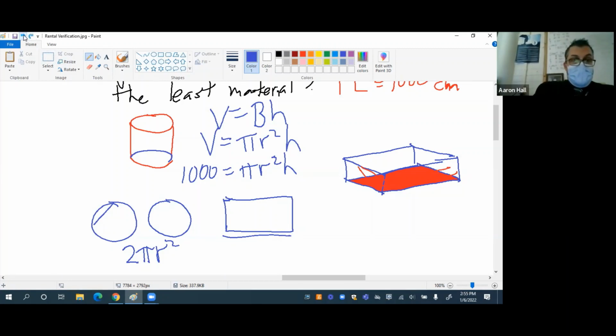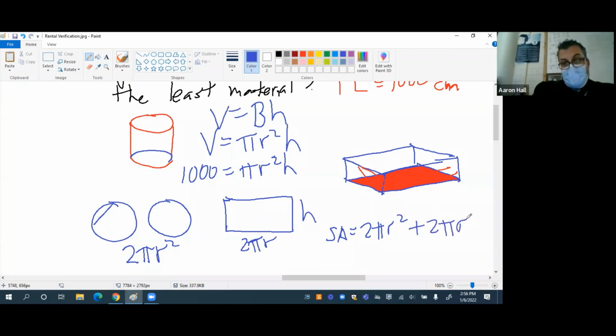So that's 2 pi r. What's this? Yeah, that's my height. So my surface area is 2 pi r squared plus 2 pi r times the height. Okay, now what?